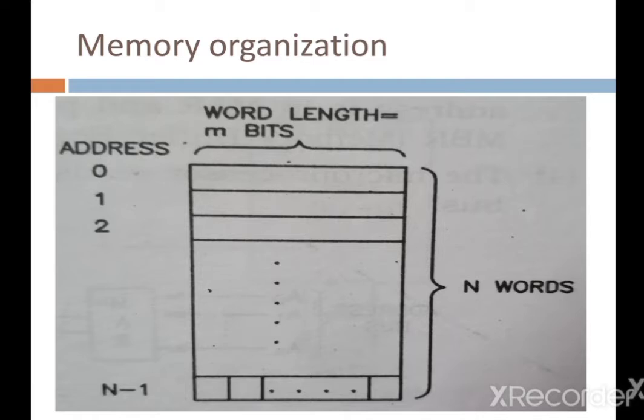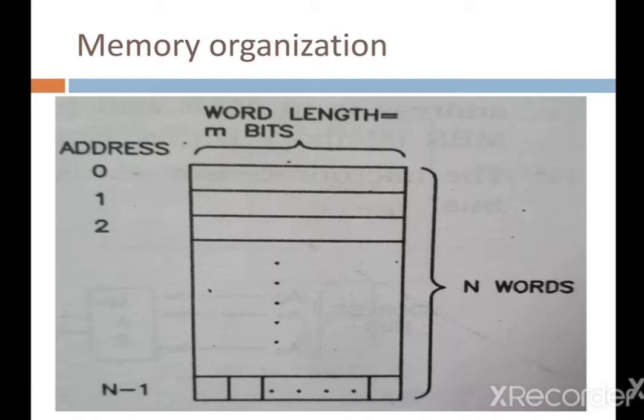The memory locations start from 0 and end at n-1, because there are n words, and each word contains M bits.